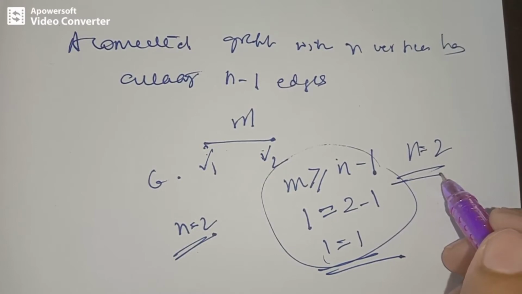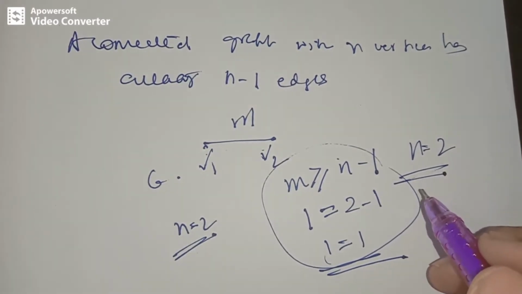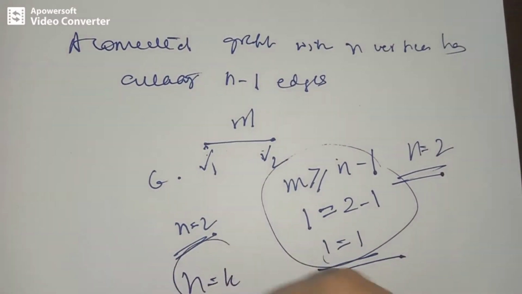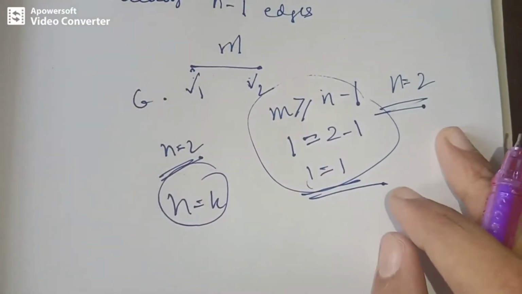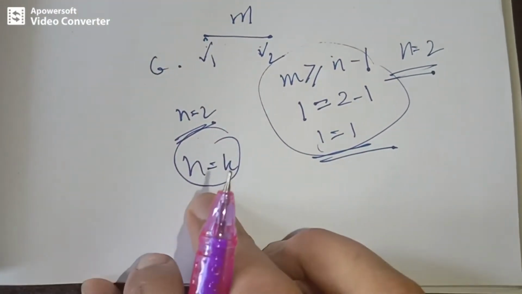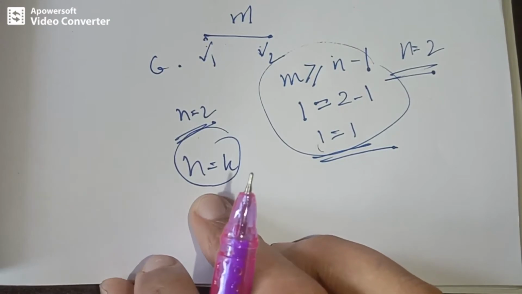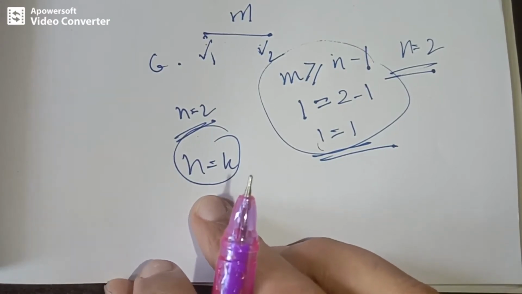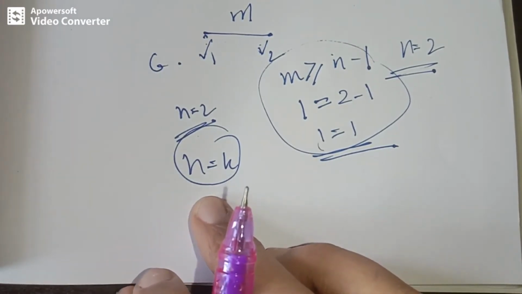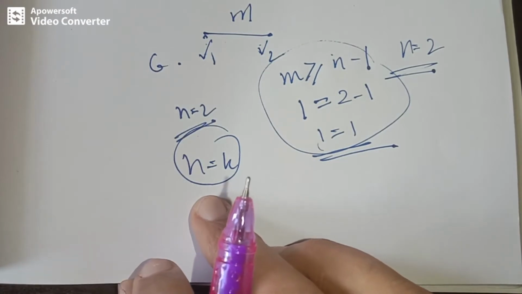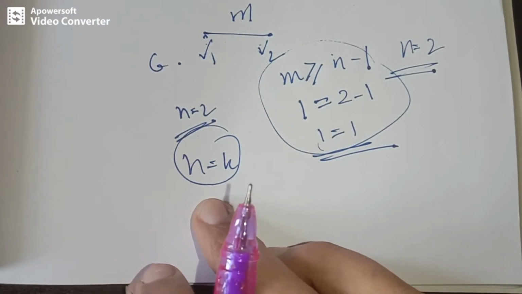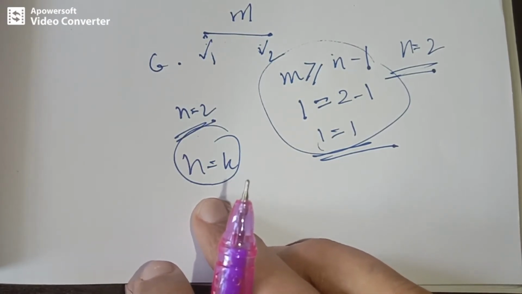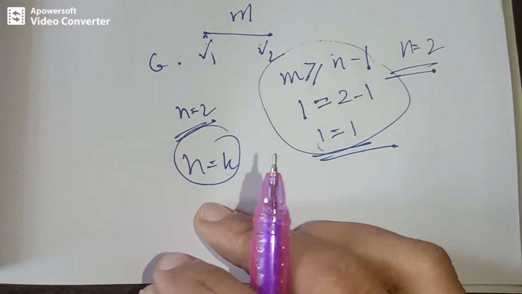Now we assume that the result holds for all connected graphs with n equal to k. We use the concept of mathematical induction. We start with the basis and then prove the induction step, wherein we assume that the theorem is true for k vertices. And now we check for k plus 1 vertices.